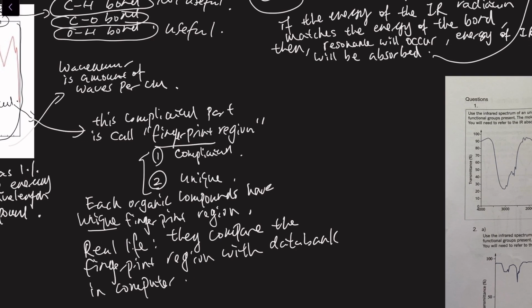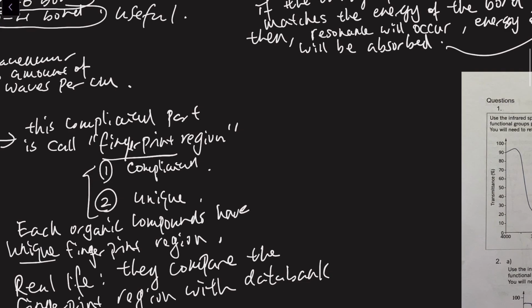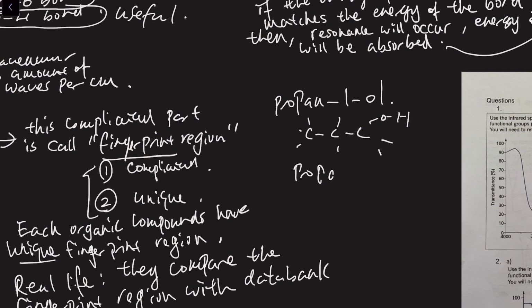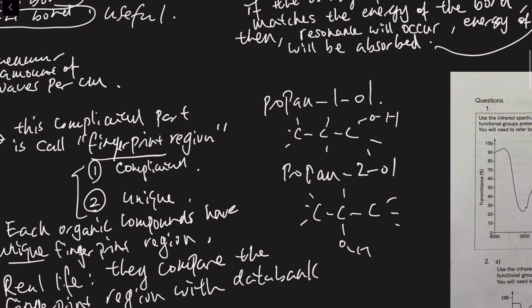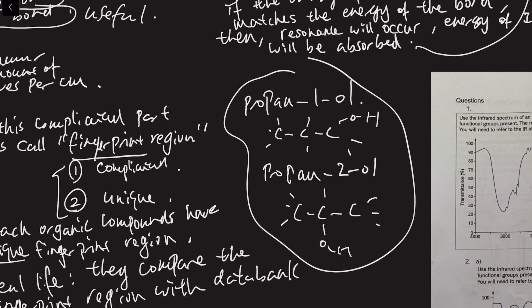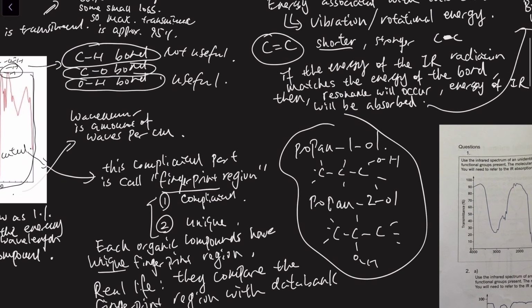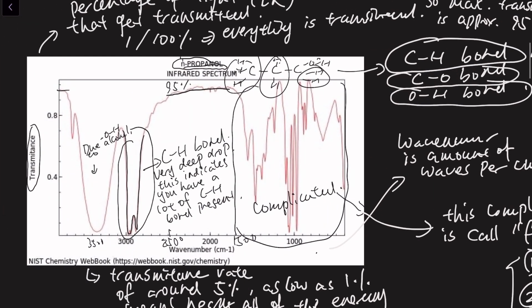For example, if you have propan-1-ol, something like this, versus propan-2-ol, something like this, these two compounds will produce almost exactly the same infrared spectrum.